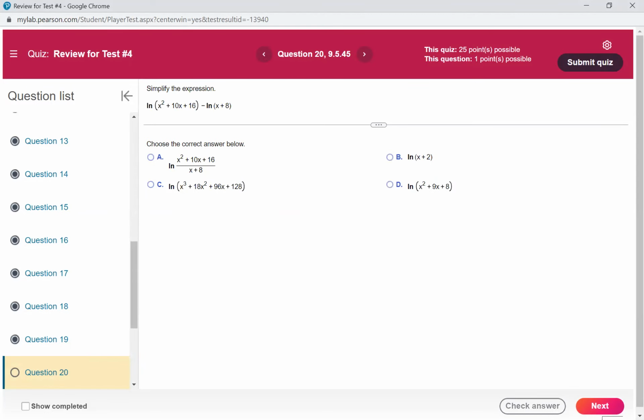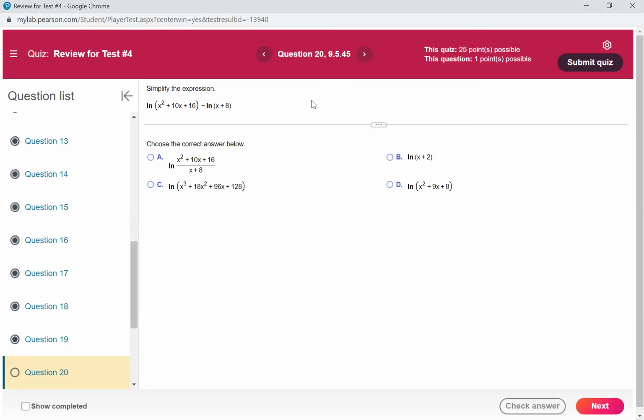All righty, y'all. ln of x squared plus 10x plus 16 minus ln of x plus 8. Ours will be really similar, other than y'all's polynomials might be a little different. Is C?